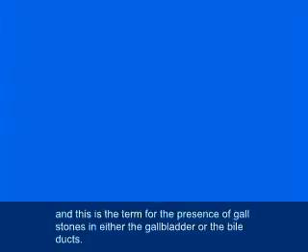Then finally, we get to one that's a little bit trickier, and this is the term for the presence of gallstones in either the gallbladder or the bile ducts. And do you remember, first of all, the suffix that refers to presence of stones?